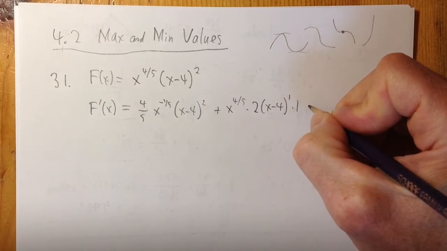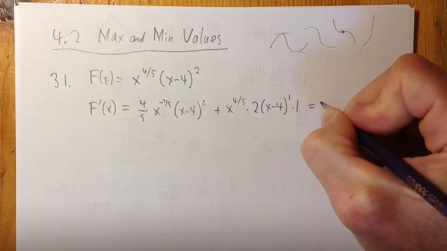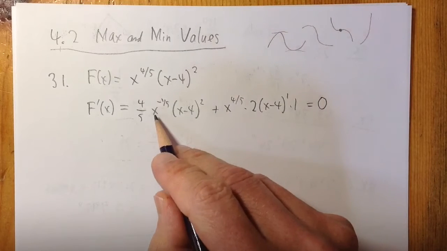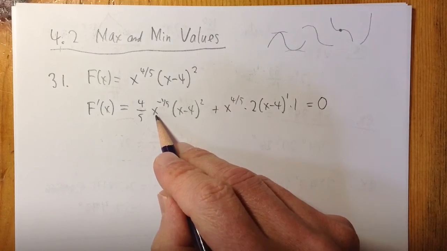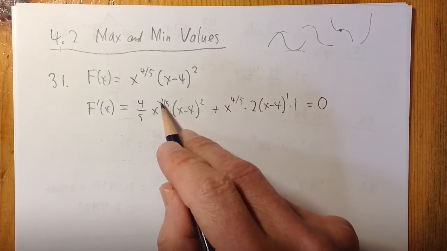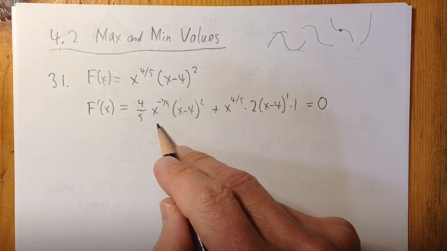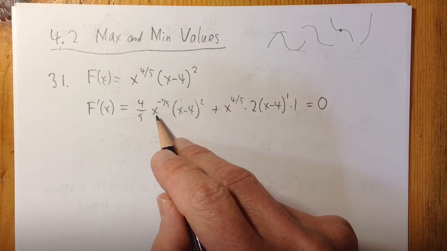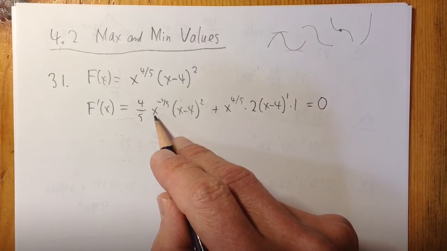And we want to know when that is either 0 or infinite. So we'll set it equal to 0. And let's see if it's infinite anywhere. And turns out it is. X to the negative 1/5 is 1 over x to the 1/5, right? Which means it's on the bottom there, which means that if we plug in x equals 0, we have a dividing by 0, which gives us infinity.